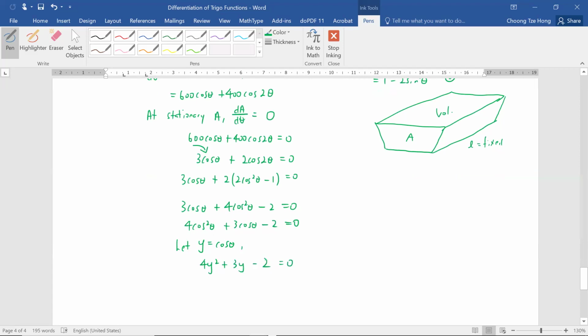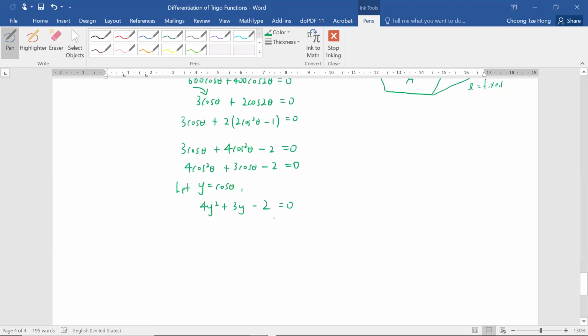If you try to factorize this, you realize you can't factorize. But don't worry, just check your working and see whether you made any mistake. If you really check and see that nothing is wrong, then just go ahead and use the quadratic formula.